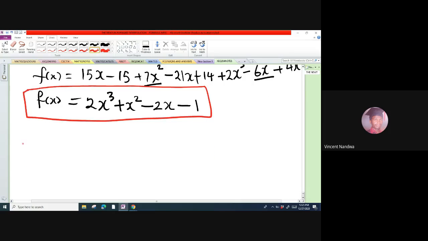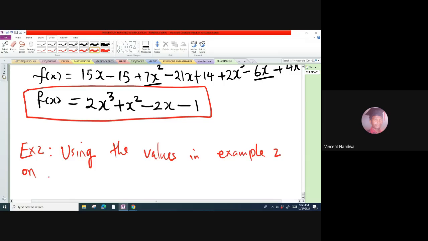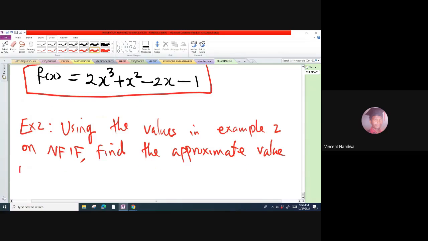And then example 2: using the values in example 2 and the Newton forward interpolation formula, find the approximate value of sine 35 degrees.